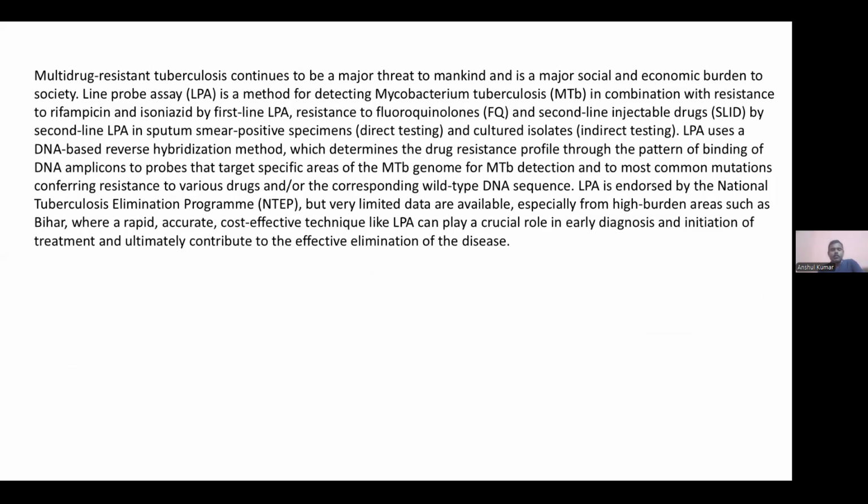More emphasis is now being laid on the study of the genomes of these drug resistant mycobacteria, so that we can easily identify the target genes responsible for the ineffectiveness of these drugs.